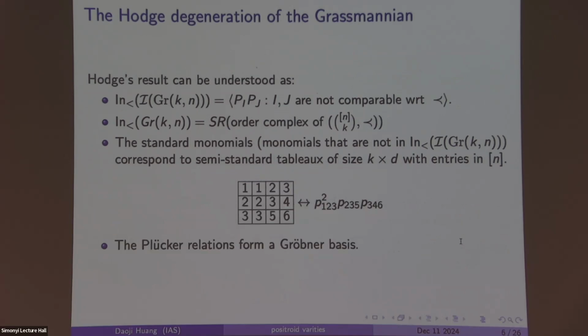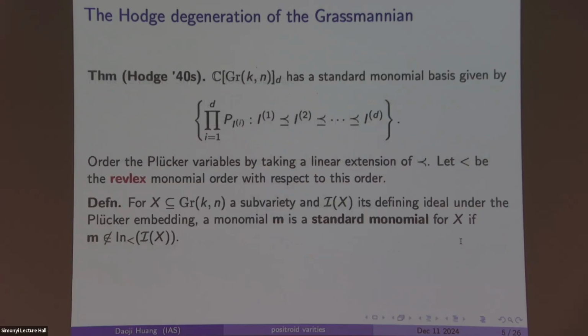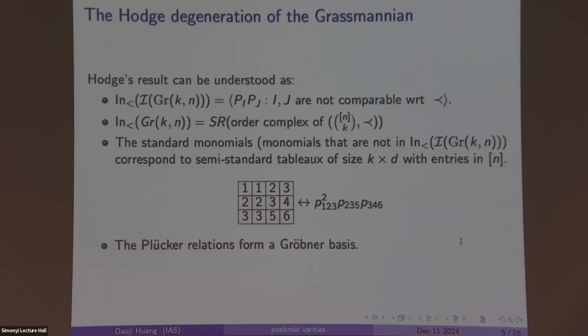Okay, so are we okay with the definition of standard monomial? I would like to say that I defined it for a subvariety of the Grassmannian, but this definition is general for affine varieties and general Gröbner degeneration. Let's just move on.